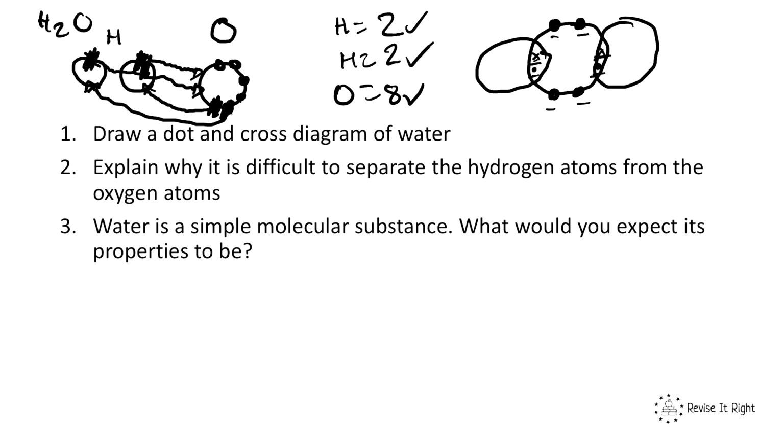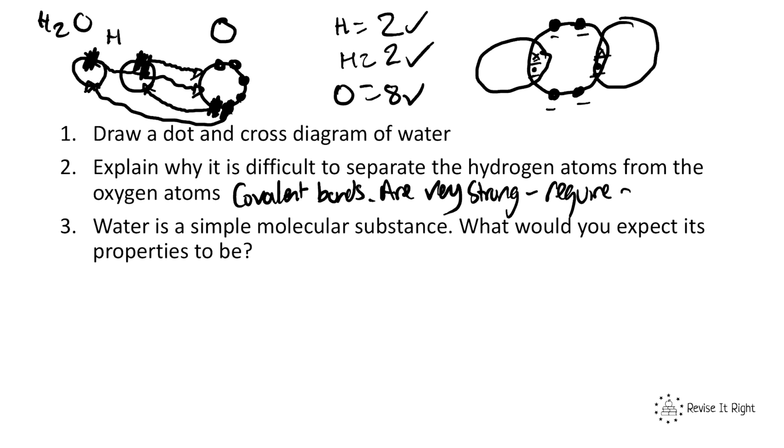Number 2, explain why it's difficult to separate the hydrogen atoms from the oxygen atoms. Well, that is because they are bonded by covalent bonds. Now, covalent bonds are very strong and therefore will require a lot of energy to break.